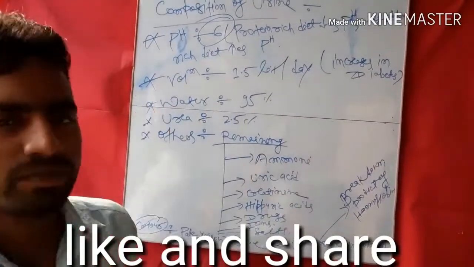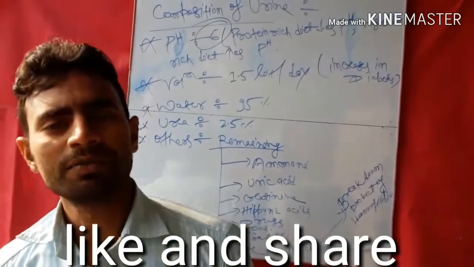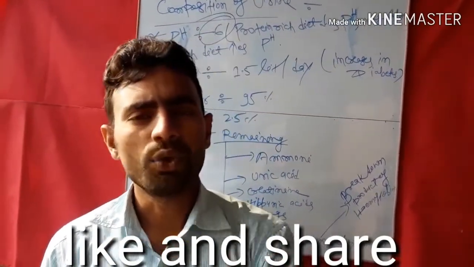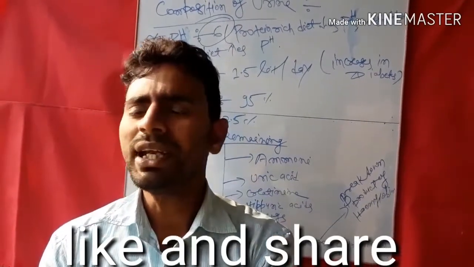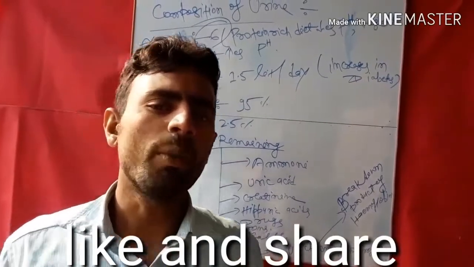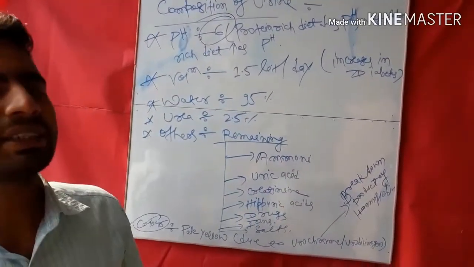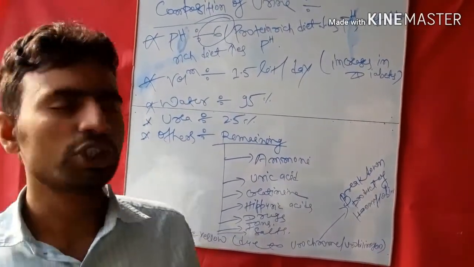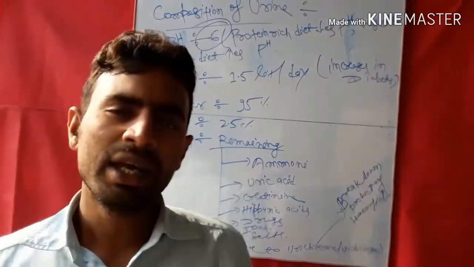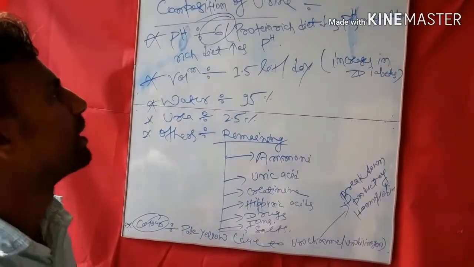The pH of urine is 6, and it is very necessary to know that a protein rich diet decreases the pH of urine, and a vegetable rich diet increases the pH of urine.